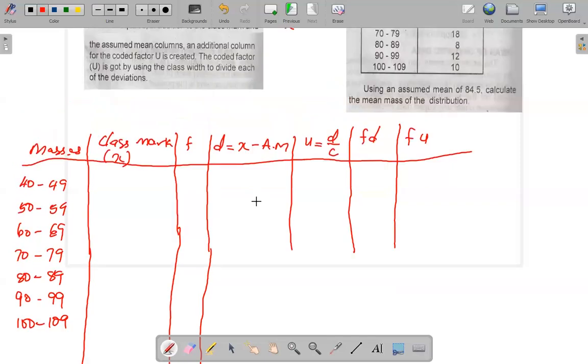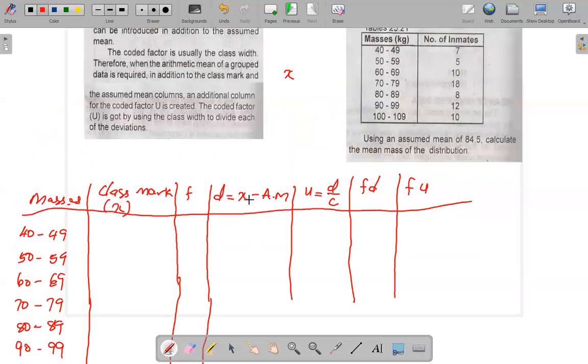So for the class mark, we get the class mark by adding the lower class limit to the upper class limit, then divide the result by 2. 40 plus 49 is 89. 89 divided by 2 is 44.5. 50 plus 59 is 109, divided by 2 is 54.5.